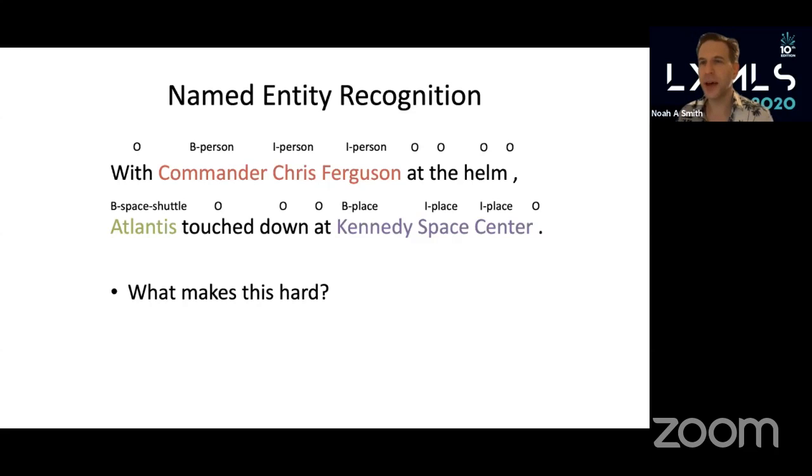But we also have many examples of places named after other places, or people named after places, or organizations named after people. And it goes in all directions. So you have to have some background information or knowledge in order to do well on this task, or see a lot of training data.